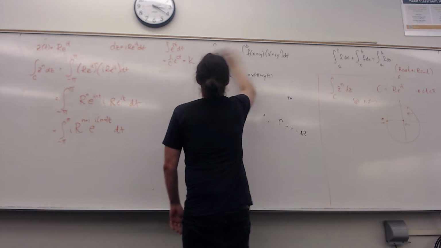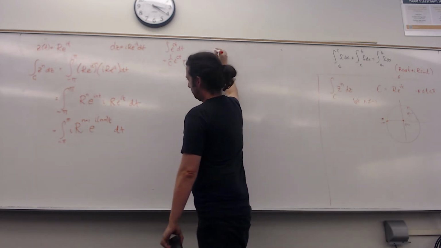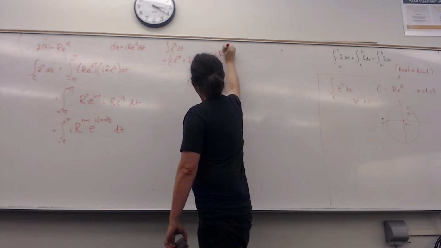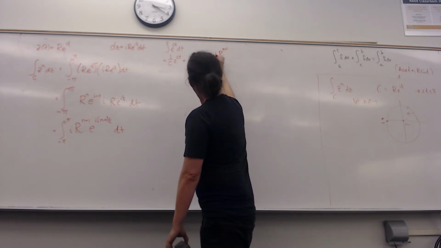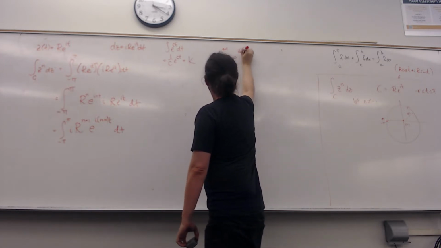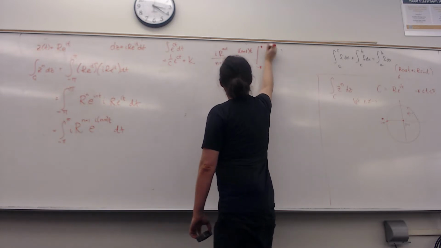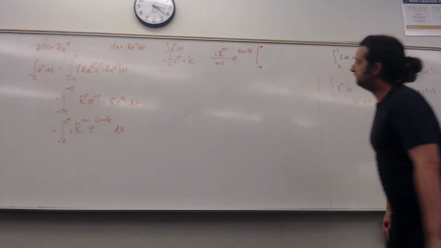So what you get here is, okay, so we get i r to the n plus 1. We'd better divide by n plus 1, and then I have an e to the i n plus 1 t evaluated from minus pi to pi.